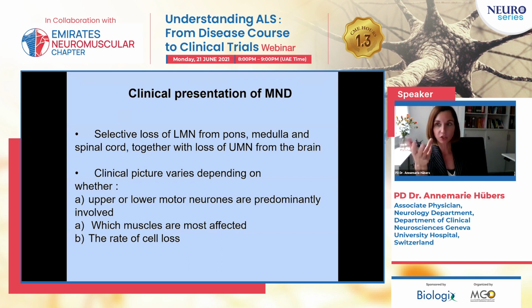And the clinical picture obviously can vary quite widely, depending on whether there's more upper motor neuron or more lower motor neuron involvement, which muscles are involved, and the rate of cell body loss on the neuropathological level.